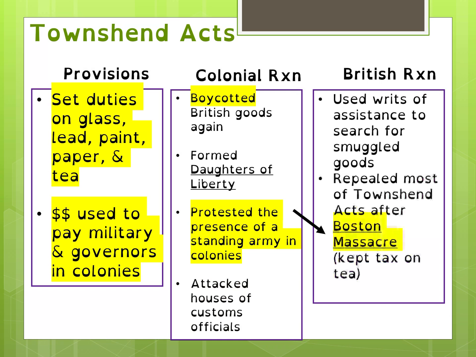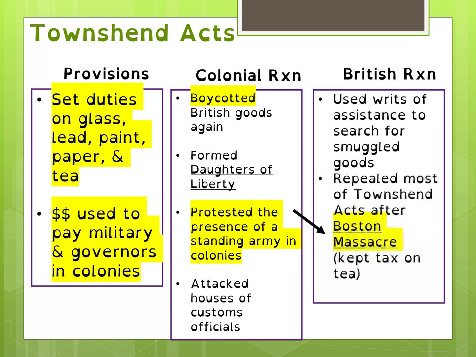So when the Boston Massacre happens, the British government says, geez, things are really getting out of hand over there in America. Maybe we should get rid of some of these taxes because we can't have people shooting each other in the streets. So they do get rid of all of those taxes except the tax on tea, because things are just getting so out of hand.